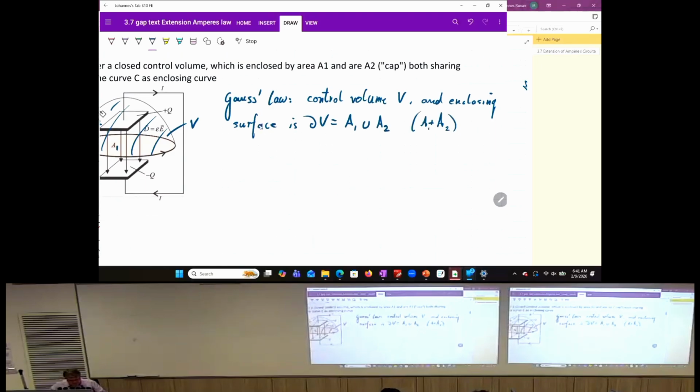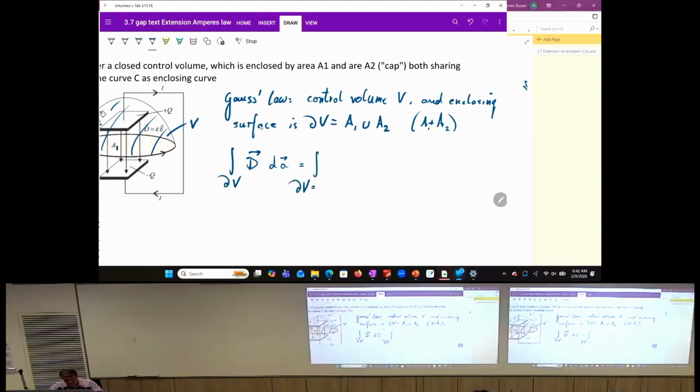And there we can apply Gauss's law. We integrate over the enclosing area of the volume over the D field, and that means this enclosing surface is the combined surface of A1 and A2, and according to Gauss's law, that should be Q.